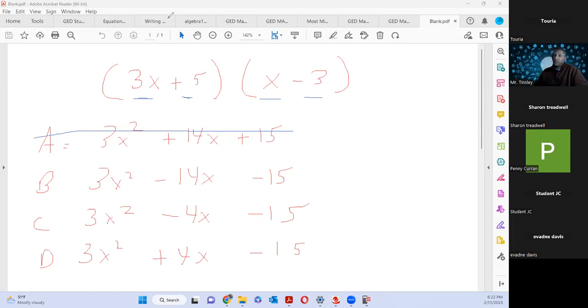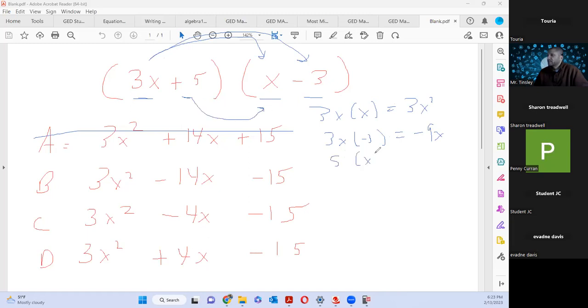So usually using this small trick really quick, we'll get rid of two of the multiple choice. Okay, so 3x times x is 3x squared. 3x times minus 3 is minus 9x. 5 times x is 5x. And then we already did plus 5 times minus 3, which is negative 15.